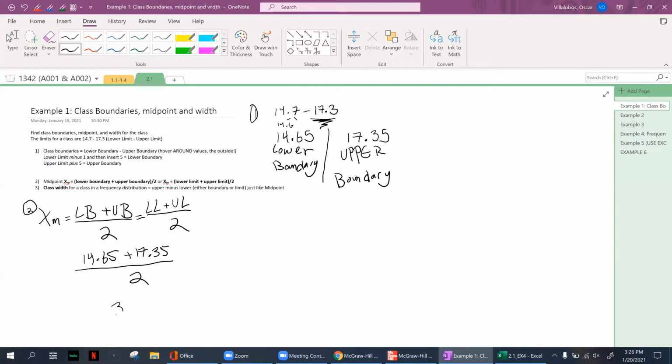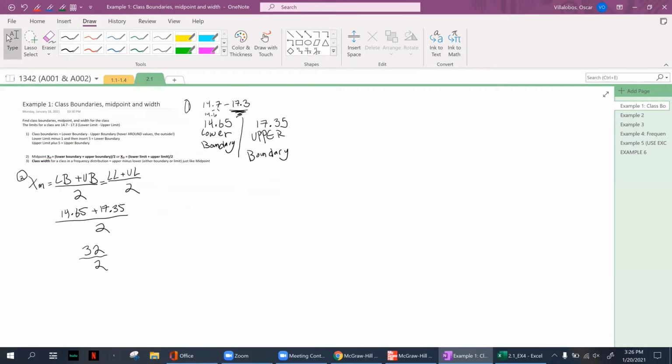That gave me a 32 on top divided by 2, which is going to give me a 16. So it gave me a 16 whenever I use my upper and lower boundaries.